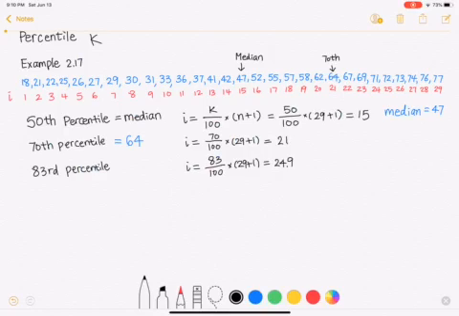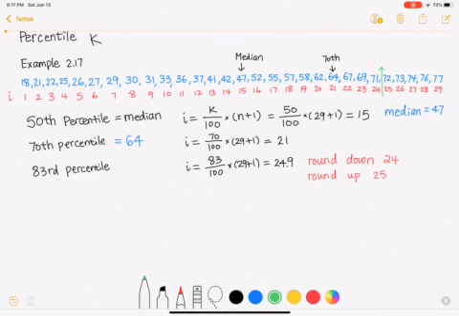Keywords: round it down to 24 and round it up to 25. And it's telling us the answer is lying right here, between them.